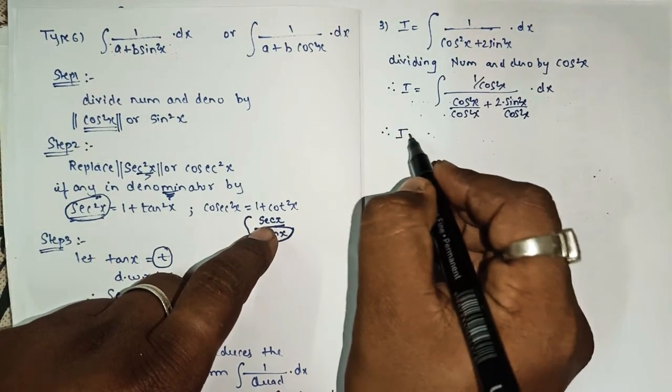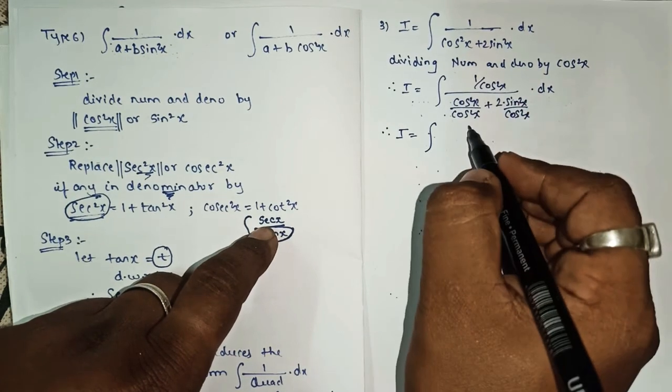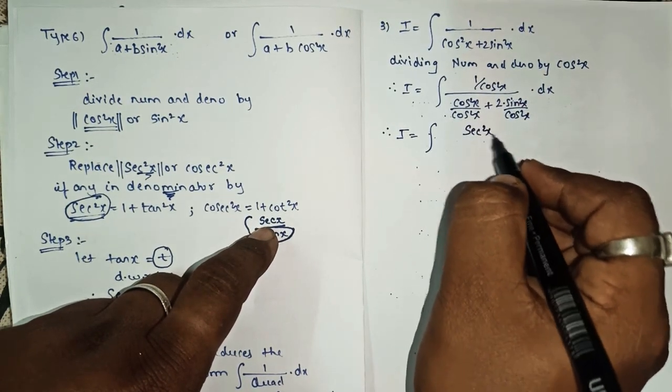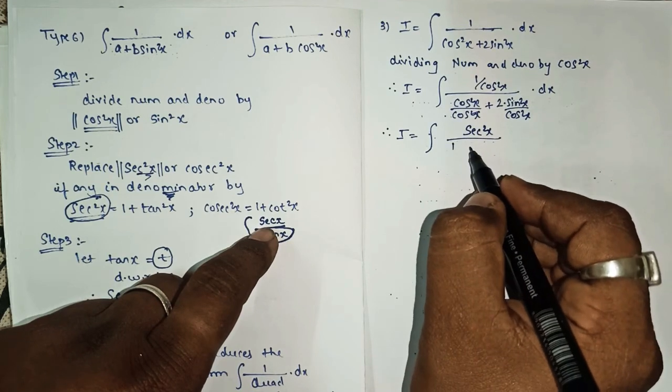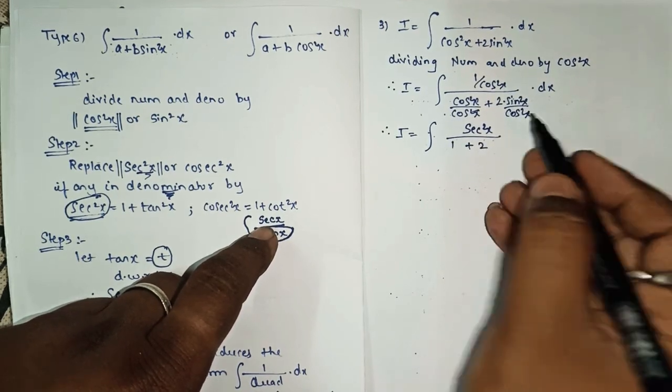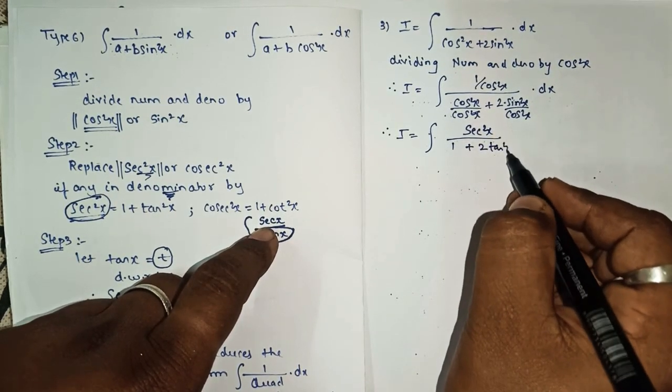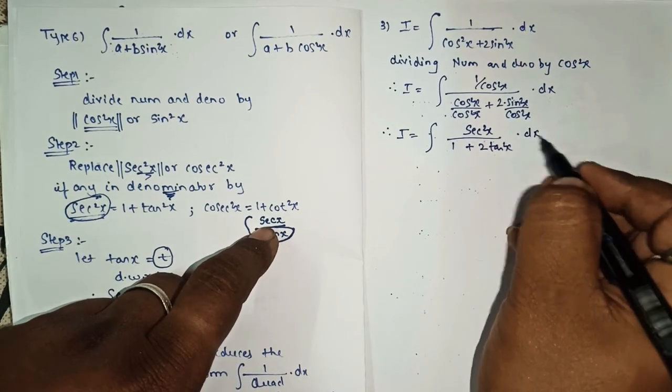So therefore I will be equal to 1 upon cos square x, we can write as sec square x, cos and cos get cancelled, you can write as 1, and sin square x upon cos square we can write as tan square x. Here we can write dx.